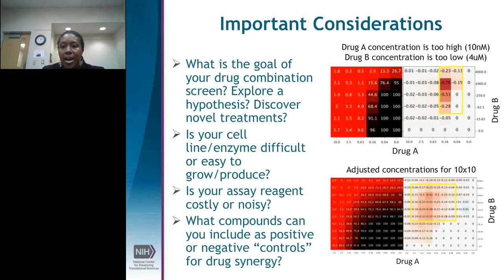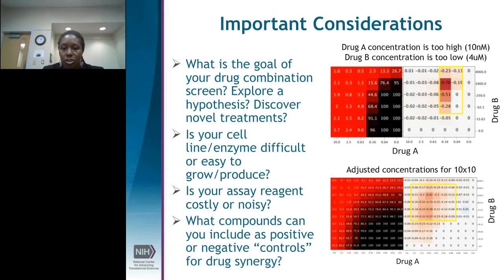And so you can see that for this 6x6 matrix block, there's only really one combination that has really strong synergy, and all the synergy is pretty isolated to this single column, these 2 columns. Whereas if we move down to the 10x10, the concentrations for both these drugs were adjusted.